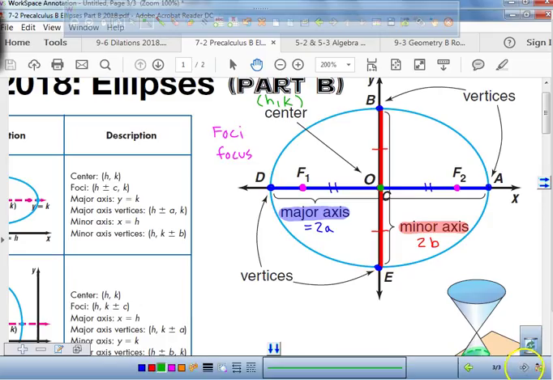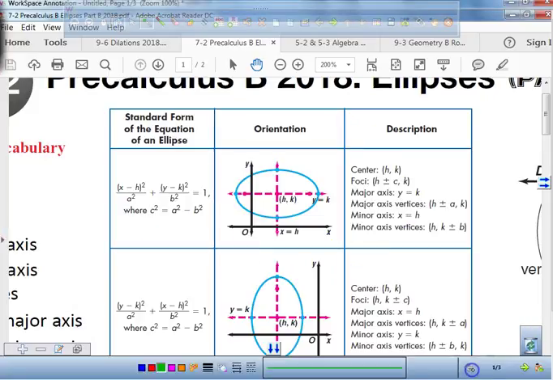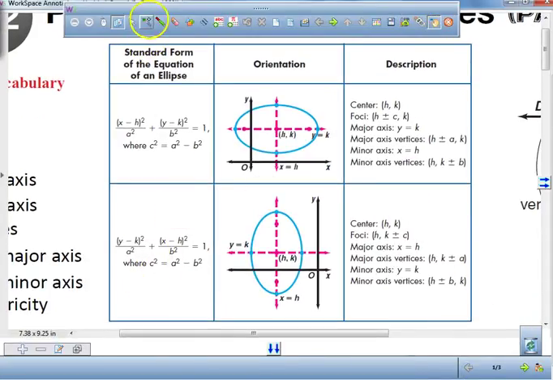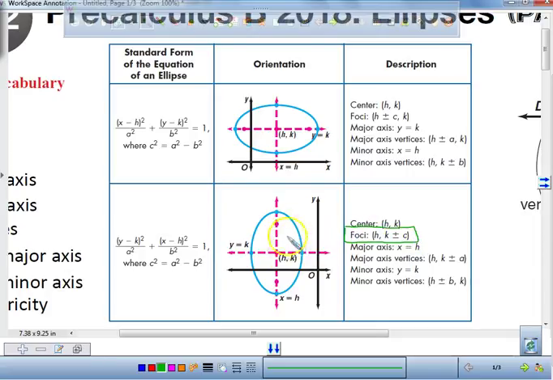We go back to our chart right here. Does everybody see? We're using this one. And what does it say? It says c squared equals a squared minus b squared. Could you write this down right now? Because this is the type of ellipse we have. Our major axis is longer this way.